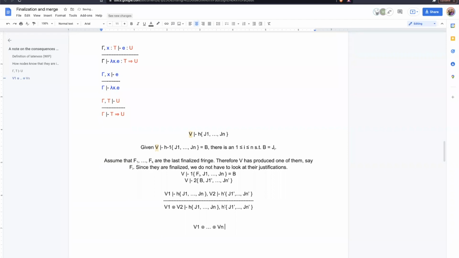Vn thinks that, and here we will go H1, and now I'll use matrix notation.